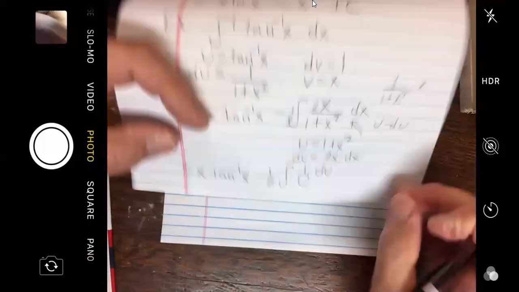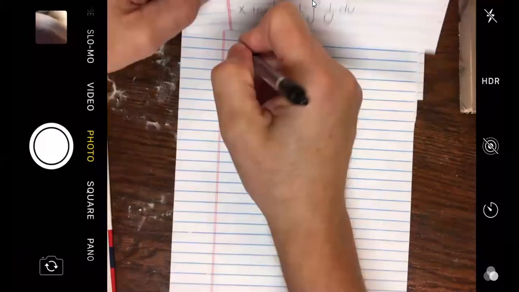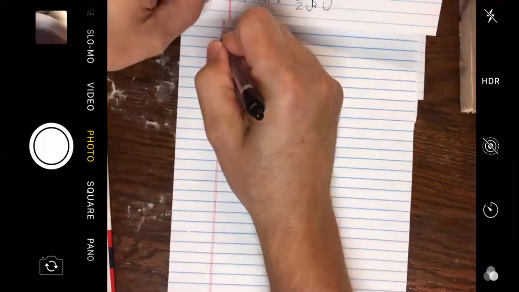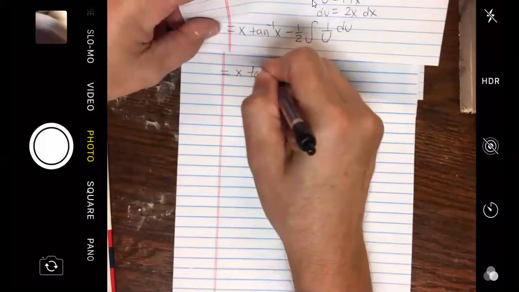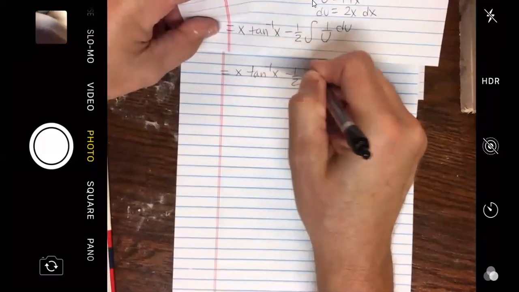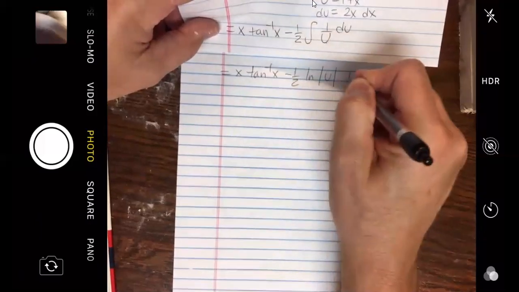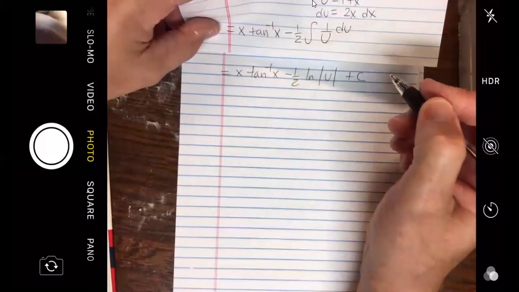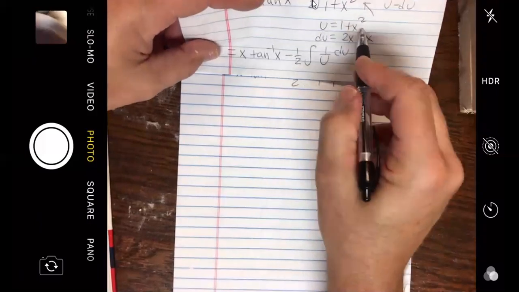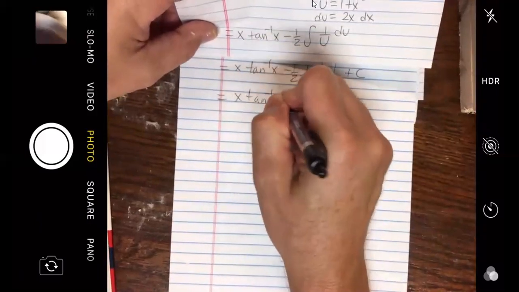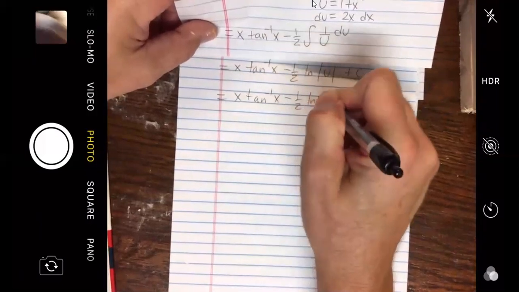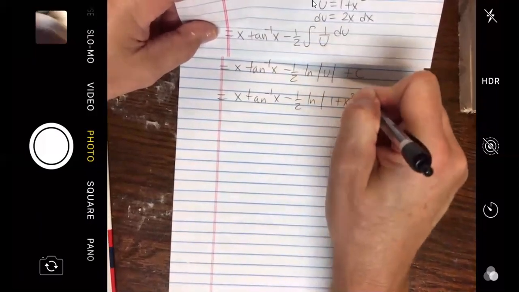Go to the next page. So I'm going to get x arctangent x minus 1/2 log, we use an absolute value, u plus c. And the u is 1 plus x squared, so x arctangent x minus 1/2 log of 1 plus x squared plus c.